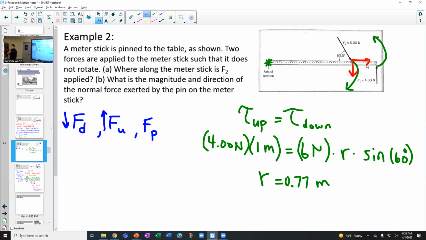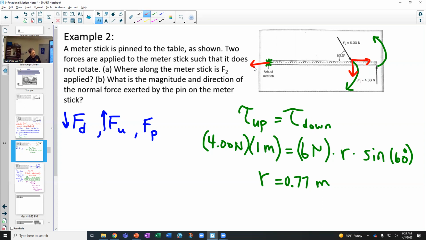So that means the pin has to be pushing or pulling to the left. So the pin has to have a component to the left. Now, it also has to have a vertical component, but we have to figure out which is it? Is it up or down? Right?